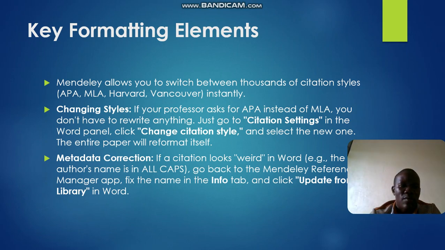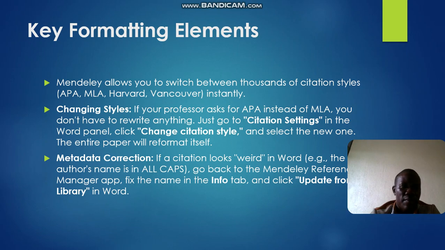So you move to changing styles. If your professor, for example, asks for APA instead of MLA, you don't have to rewrite anything. You just go to citation settings in the Word panel, click change citation style and select the new one. Automatically, the entire paper will reformat itself.